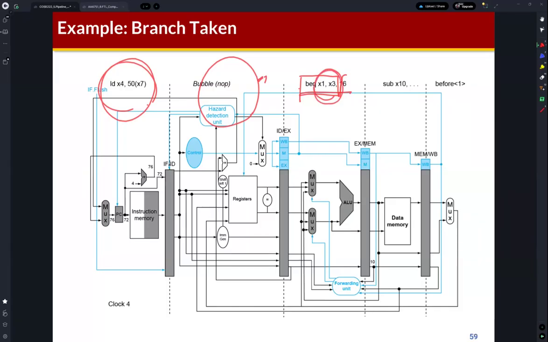And the data forwarding boxes are in the execution stage. So think about this: add x1, and then a branch comparing x1 and x2.